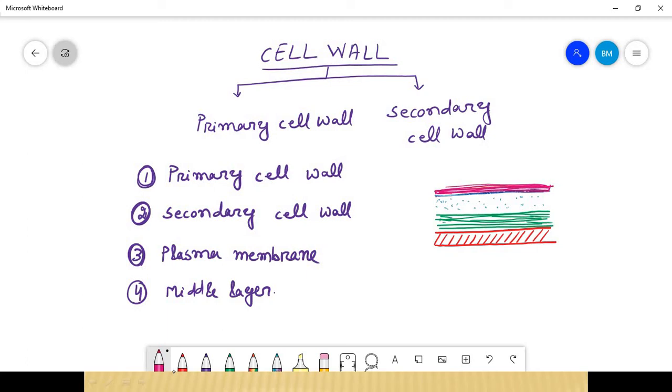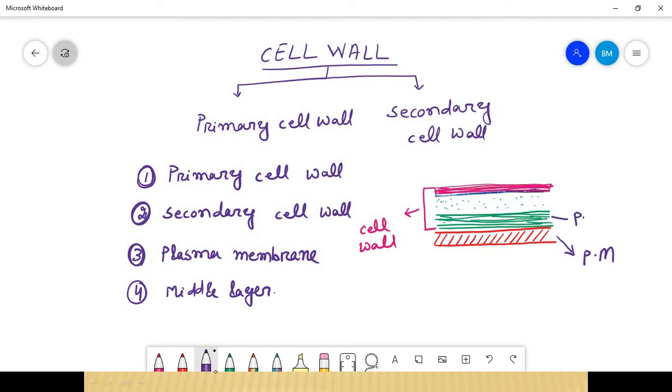It provides rigidity to the cell wall. This whole structure is the cell wall. The first one is the plasma membrane, I'm writing it as PM.